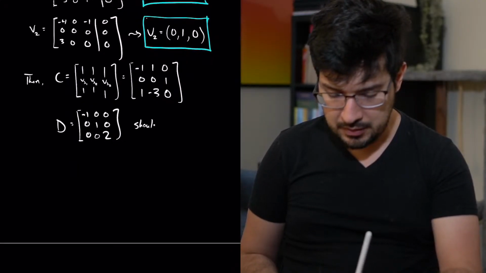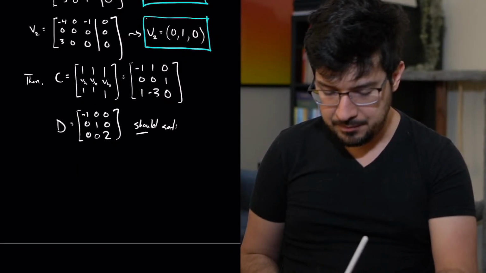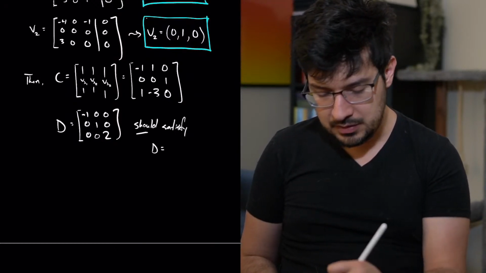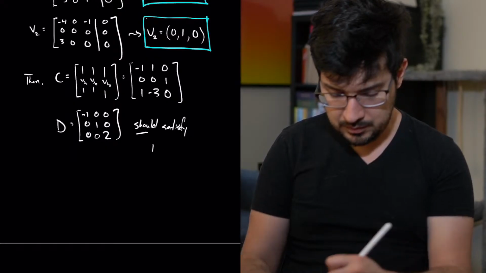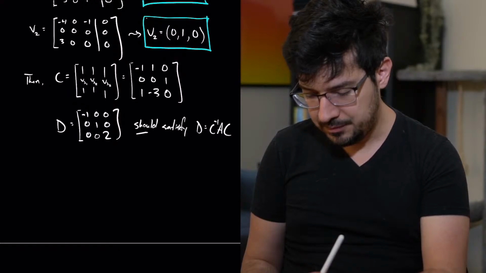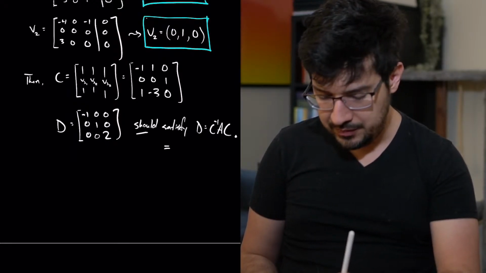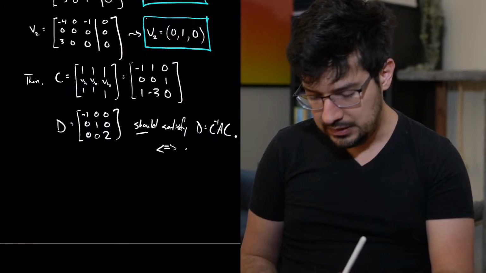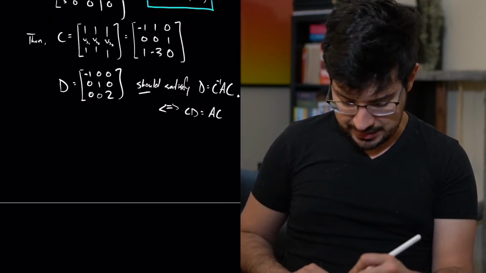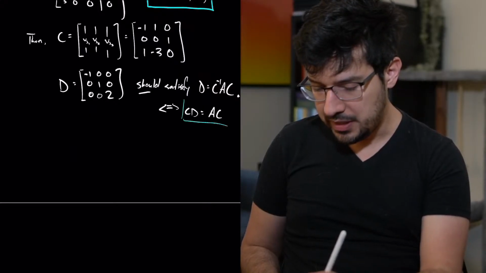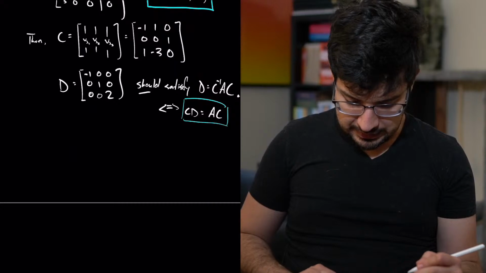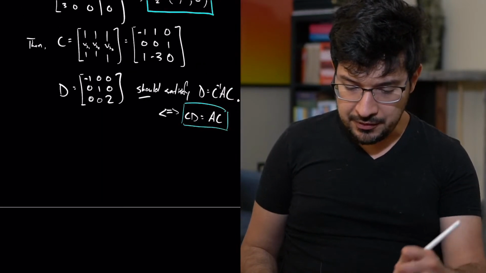It should satisfy D equals C inverse AC, which is true if and only if CD equals AC. So we can just check this equation to avoid finding an inverse. Just slightly easier. So let's confirm that.